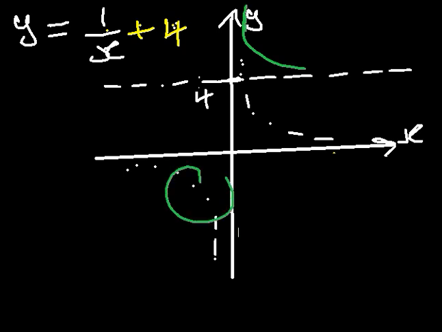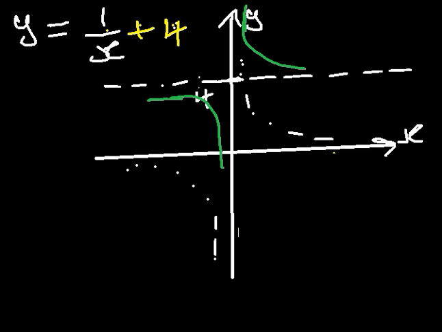And also this graph has been shifted 4 steps up. It means we'll have them this way. So that's how the graph will be drawn.